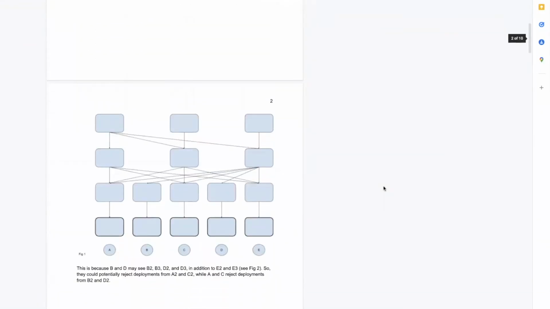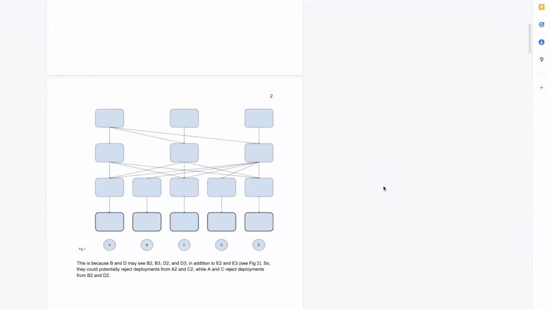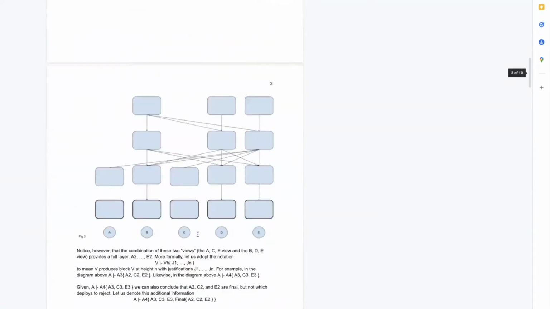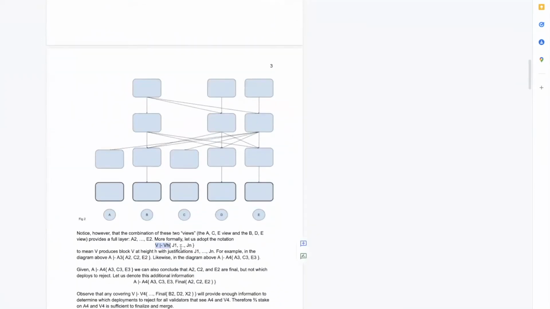What I want to do is introduce, for people who weren't at the Casper session, and remind people who were, that we can take diagrams like this and turn them into a notation that looks like this.